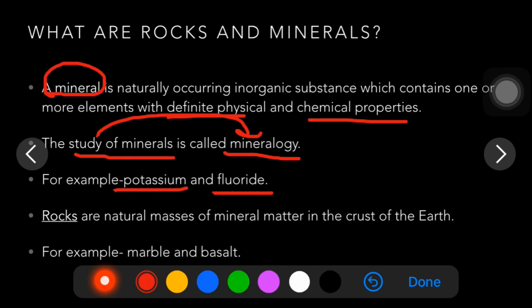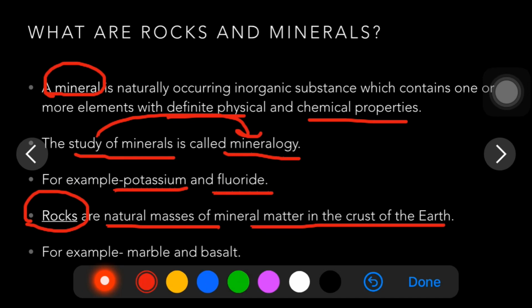So next is rocks. Rocks are natural masses of mineral matter in the crust of the earth. In the previous video you have seen that the outermost layer, that is crust, comprises rocks and minerals. Rock is also known as a solid mineral material which forms part of the surface of earth and other similar planets, and it is exposed on the surface or underlying the soil.